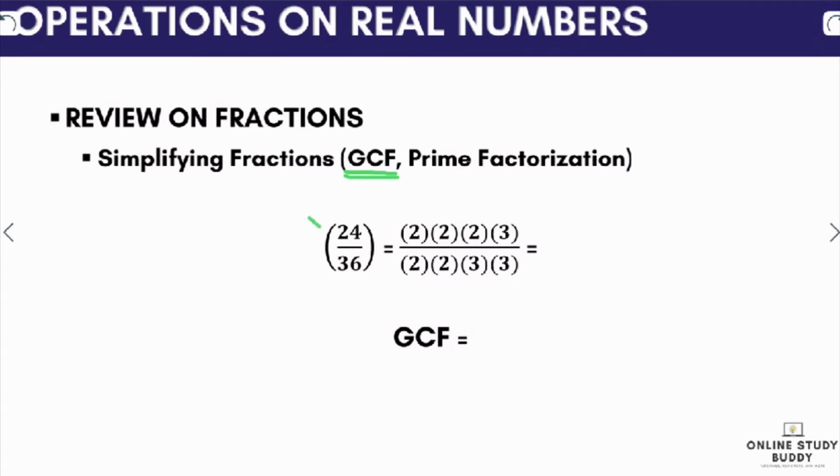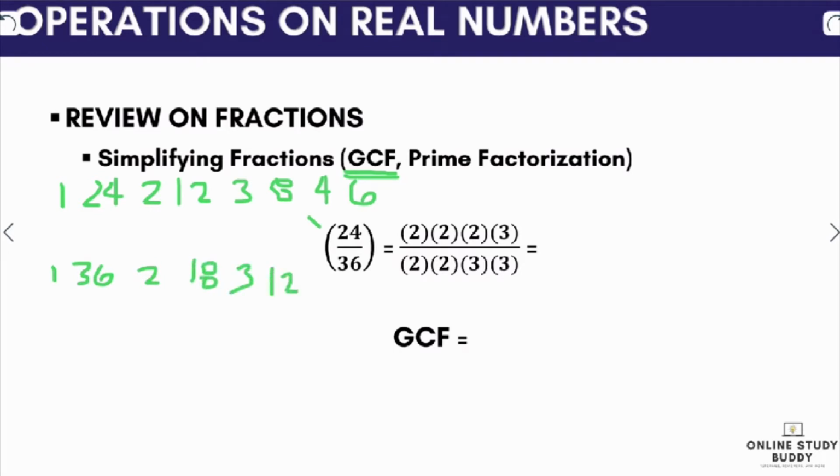So, in this example, we have 24. If we list down yung factors niya, we have 1 and 24, 2 and 12, 3 and 8, 4 and 6. And then for 36, we have 1 and 36, 2 and 18, 3 and 12, 4 and 9, 6 and 6.